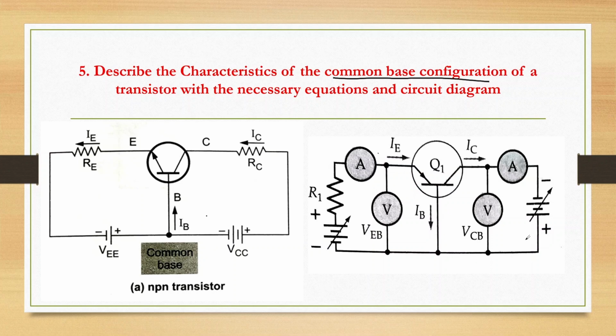Then this output voltmeter measures VCB, and this milliammeter measures the output current. So this is the experimental setup, the circuit we rig for analyzing the static characteristics of a transistor in common base configuration.